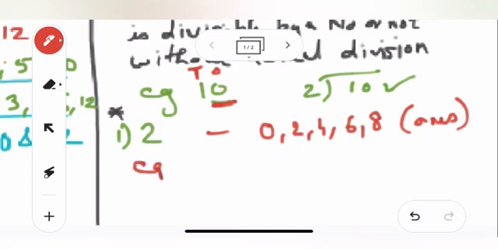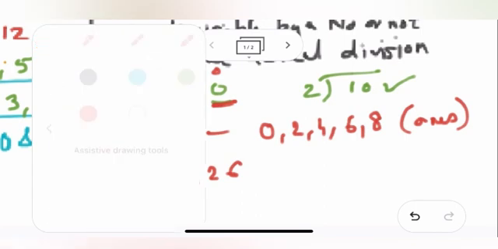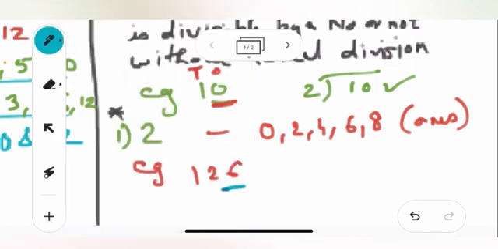Here I can take one more example. Suppose the example is 126. How will you understand whether 126 is divisible by 2 or not? By looking at the number in the units place. This 6 comes in the units place. If 6 is an even number and it comes in the ones place, then that number is divisible by 2.